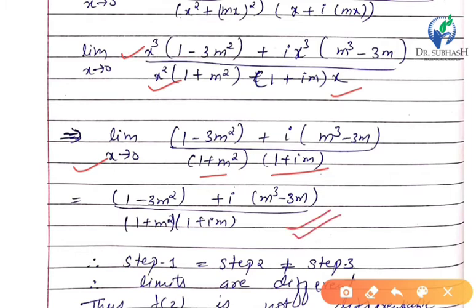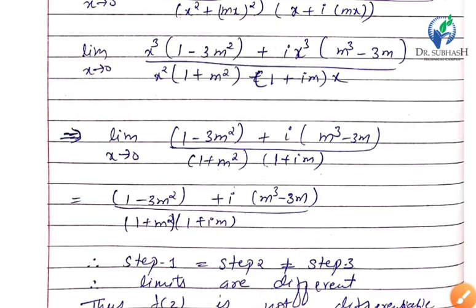Okay, now we can see that step 1 equal to 1. In step 2 I got the limit as 2, and in step 3 I am getting a limit in the form of m. Here in step 3 the limit depends on the value of m.